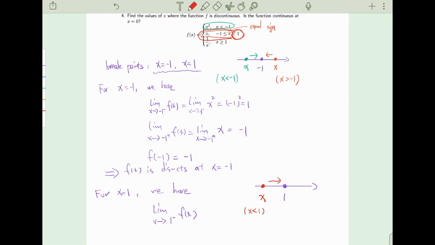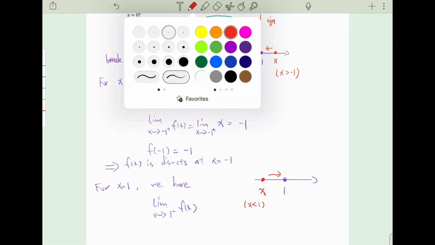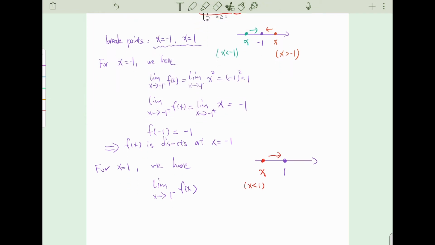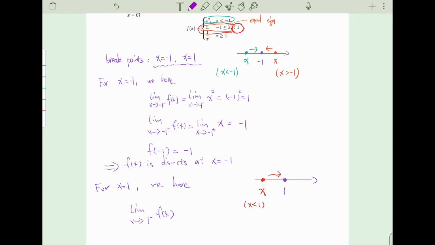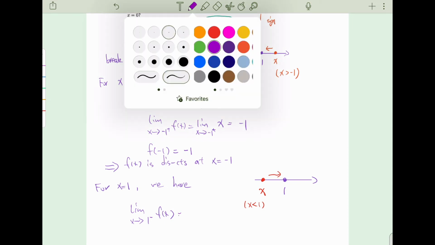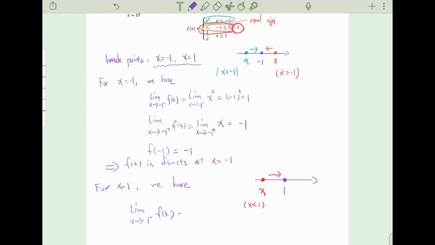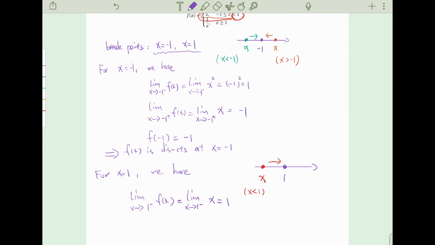When x is less than 1, you choose that expression. So this is equal to the limit as x approaches 1 minus of x, plug in, and you have 1. That is the left limit.